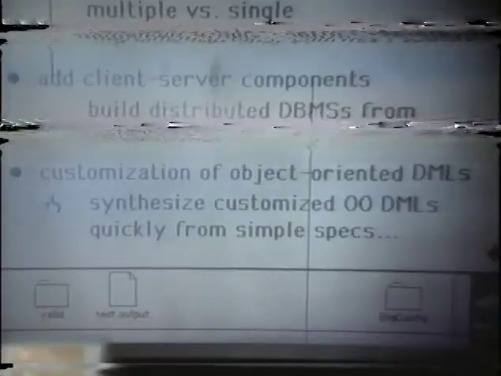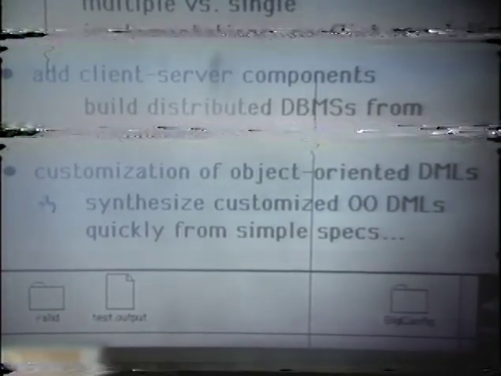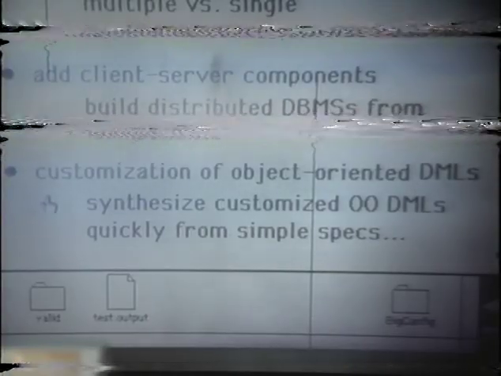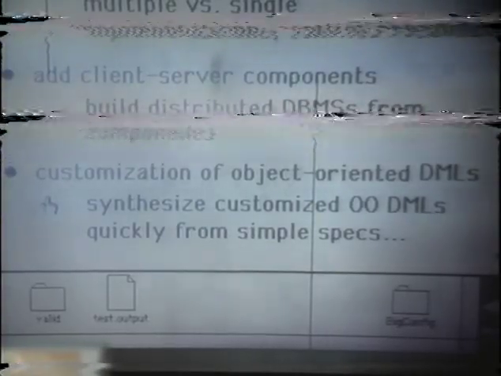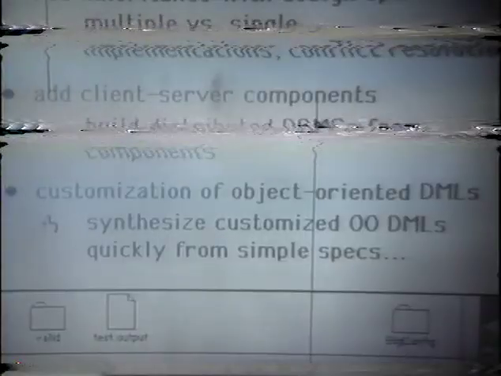And we are also developing a technology by which we can customize object-oriented DMLs. What we're doing is trying to apply Genesis technology to the realm of data languages. We want to be able to synthesize customized object-oriented data manipulation languages very quickly from a very simple set of specifications.